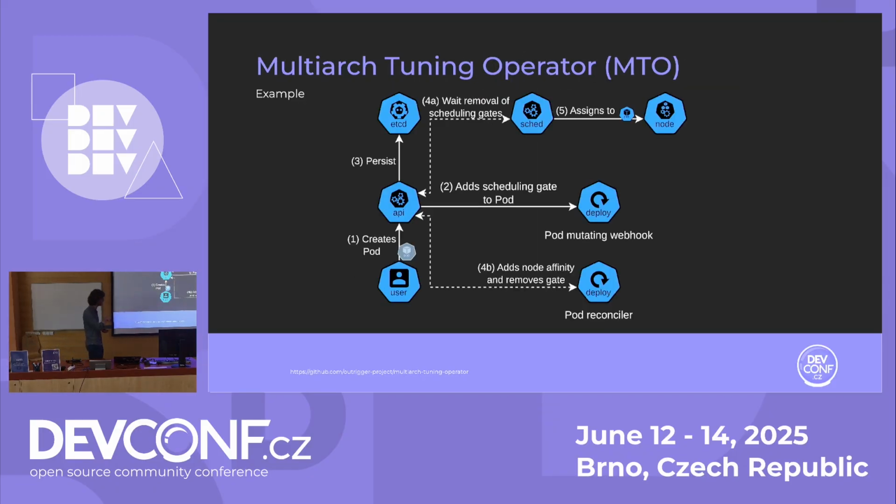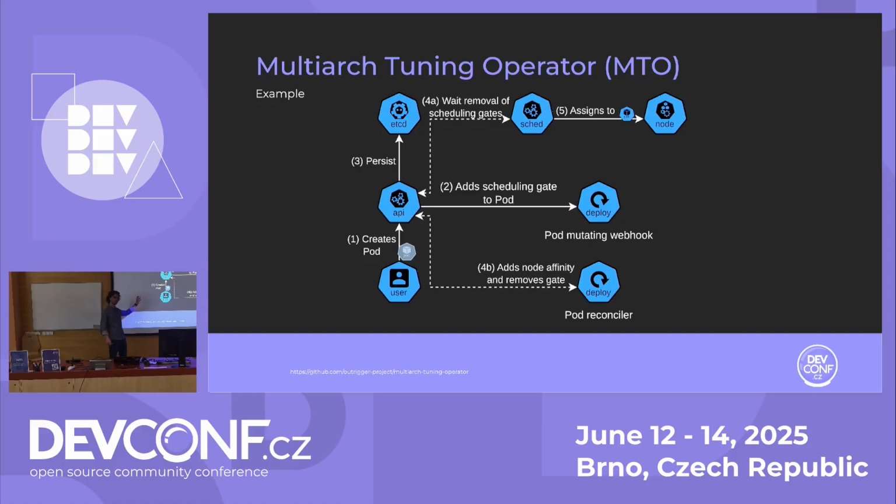Taking the example of the Multiarch Tuning Operator for a second, and to try to clarify a bit more what I'm talking about, what we do in the Multiarch Tuning Operator is to ensure that pods are scheduled onto nodes that run an architecture supported by the images of which that pod consists. We work in multi-architecture compute node environments, so Kubernetes clusters where some workers are, for example, AMD64 workers, other workers are ARM64 workers.